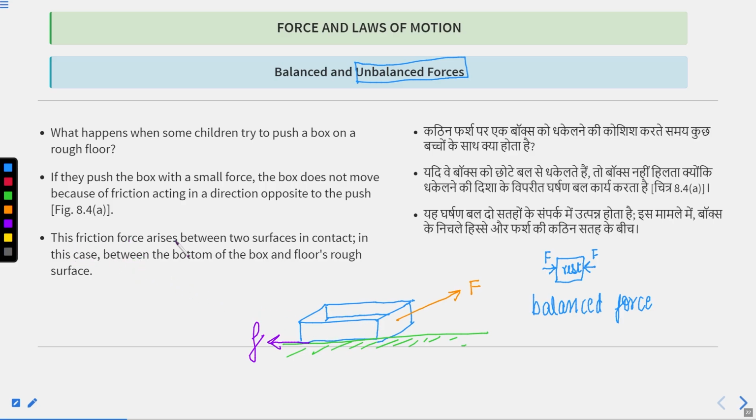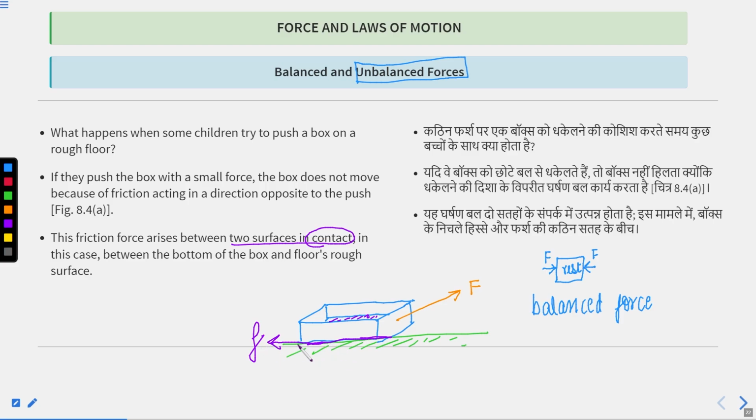Okay, the friction force arises between two surfaces in contact. Friction force always arises when two surfaces are in contact and one surface is in motion. So the two surfaces are the bottom of this cart and the ground, and between the bottom of this cart and the ground there exists a force.